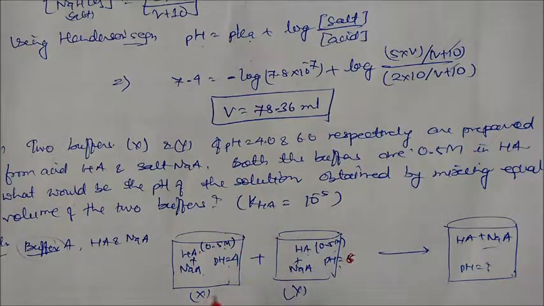Now on mixing, the molarity of sodium salt is also changing. So we have to find the new concentration, and K will remain the same. What is the new concentration? Let us see that. We will use the normal equation, M1V1 plus M2V2 equals M3 into V1 plus V2.